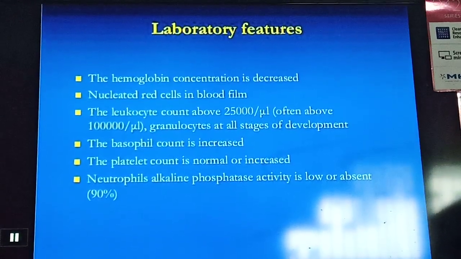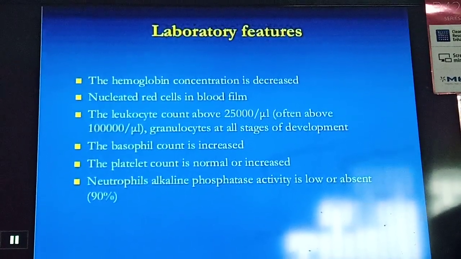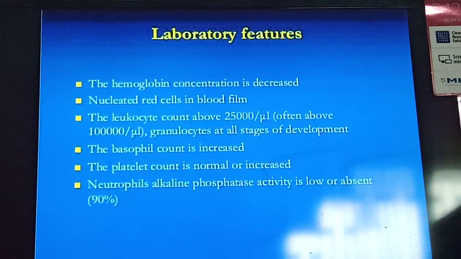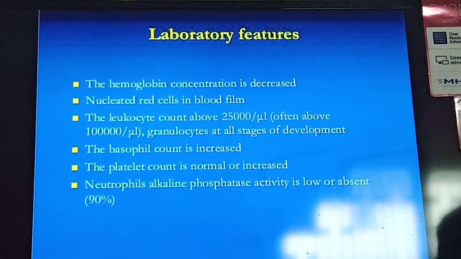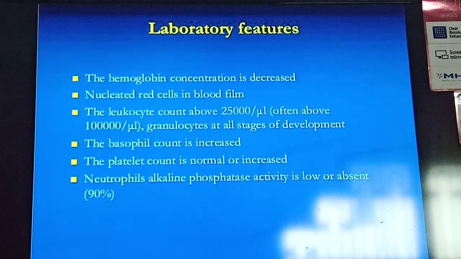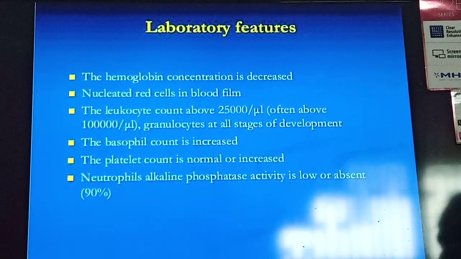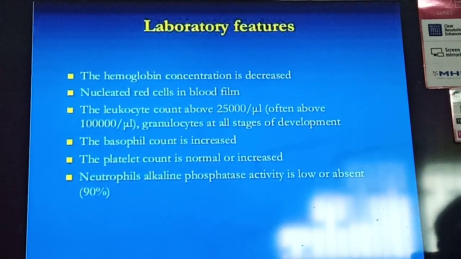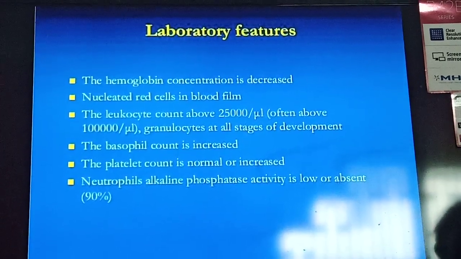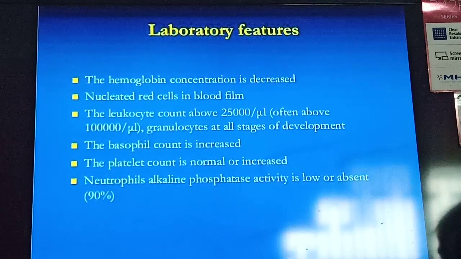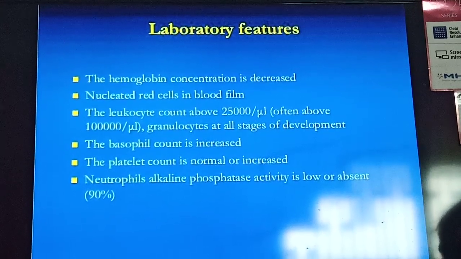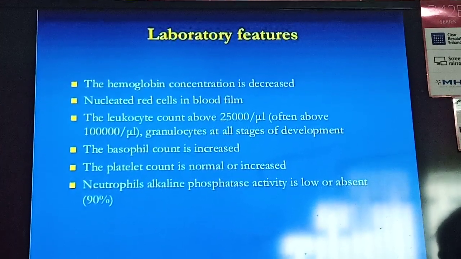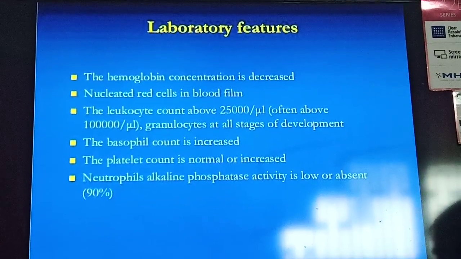Now the laboratory features. There is usually anemia, so the hemoglobin concentration is usually decreased. Sometimes nucleated red cells or NRBCs are seen in the blood film. The leukocyte count is usually above 25,000, but usually more than 1 lakh per microliter occurs. Granulocytes at all stages of development are seen in the peripheral blood and bone marrow.